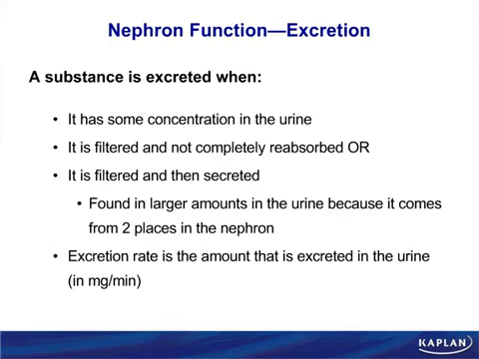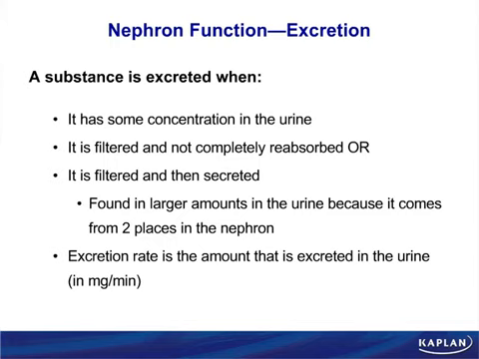How does a substance make it in the urine? How does a substance get excreted? Well, this substance could be filtered and not completely reabsorbed. If a substance is filtered and not completely reabsorbed, it will be excreted. Or the substance could be filtered and then secreted. Then it would be excreted in a larger amount.